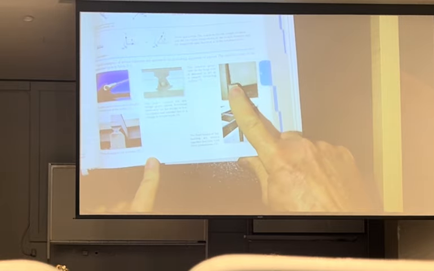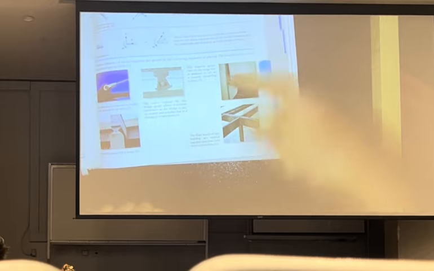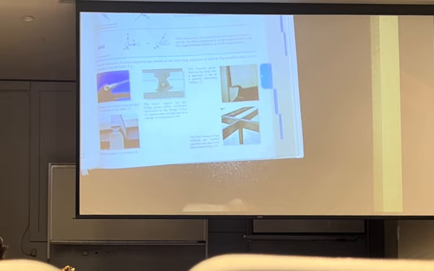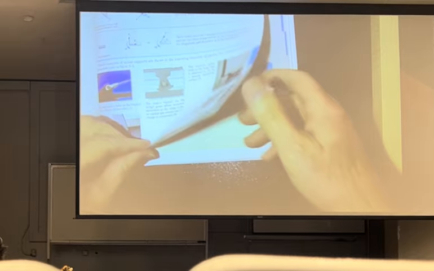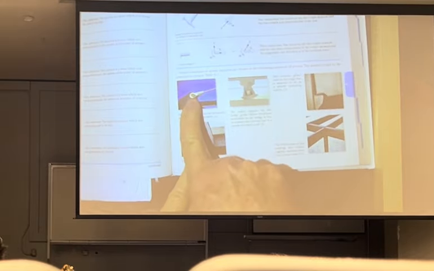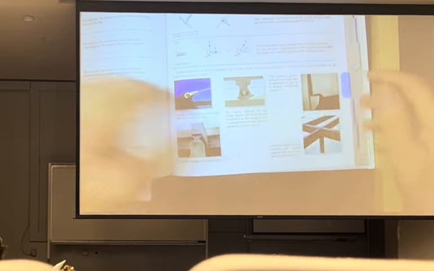This is an example of a roller. It's just one object sitting on top of another. That's a roller. Here you see a pin reaction, and I showed you one that I took a picture of, so you know what it looks like.